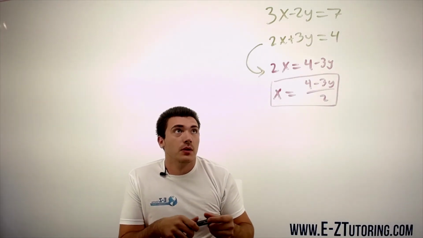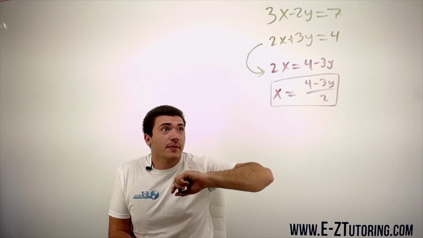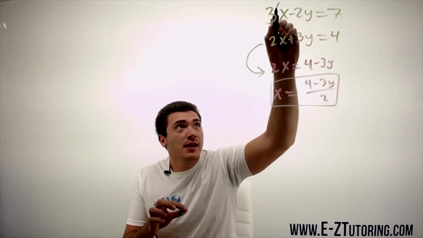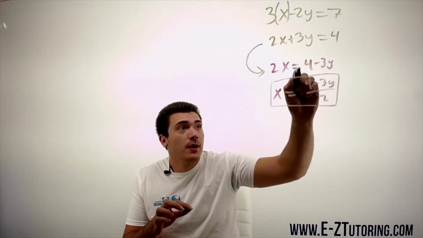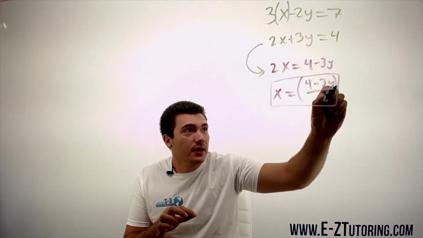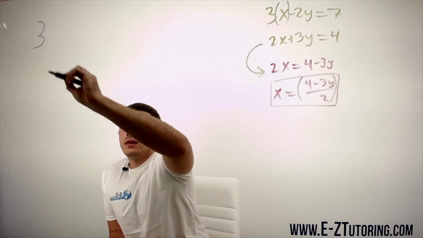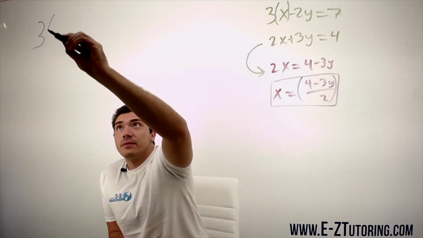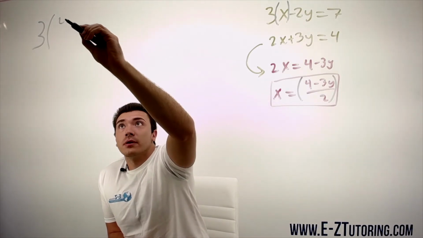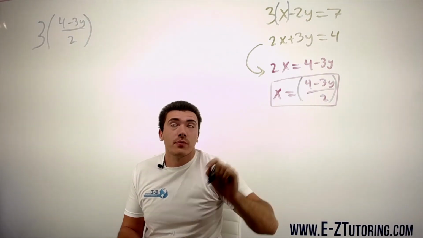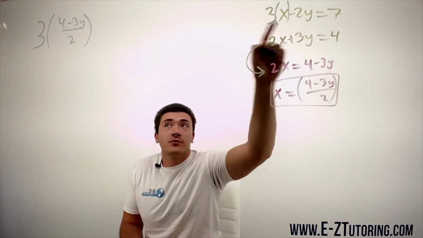So 3x minus 2y. I'll go ahead and put parentheses just like last time. This is the x that we're plugging into, and this is what we're plugging in for x because it's equal to x. So we have 3 times 4 minus 3y over 2, minus 2y equals 7.